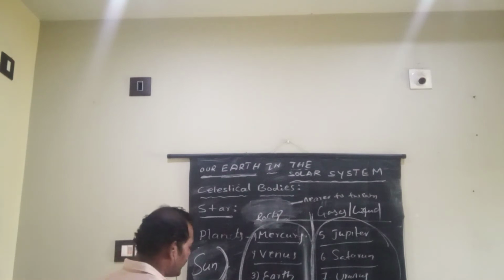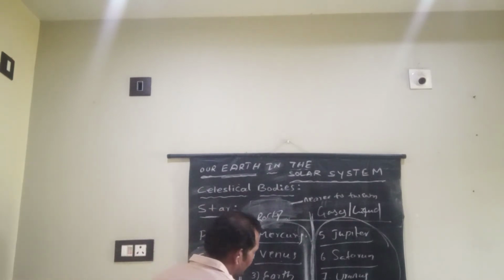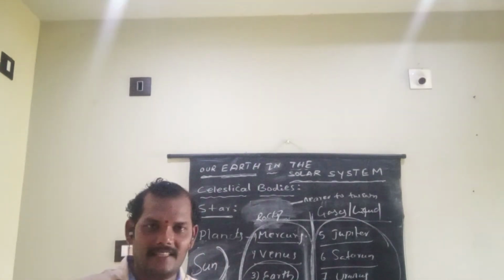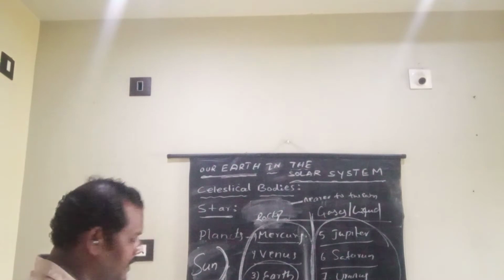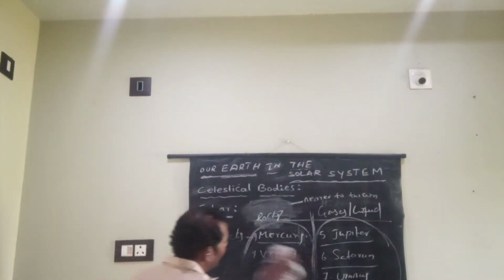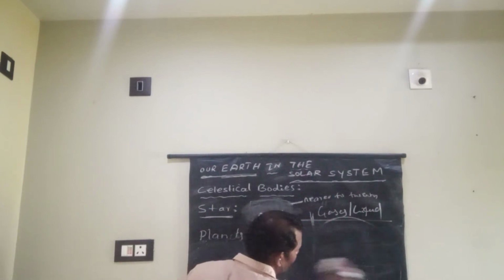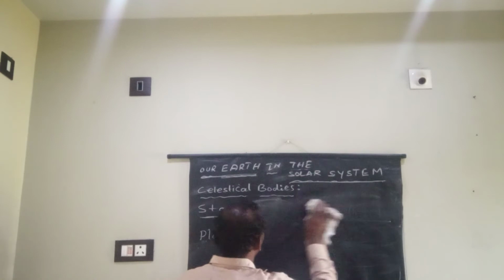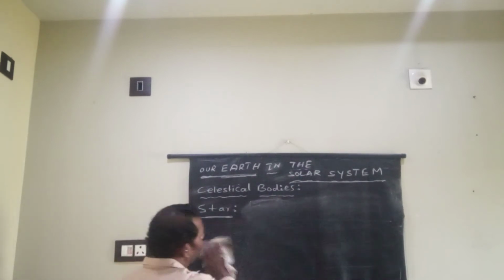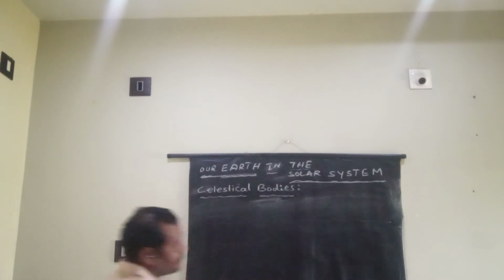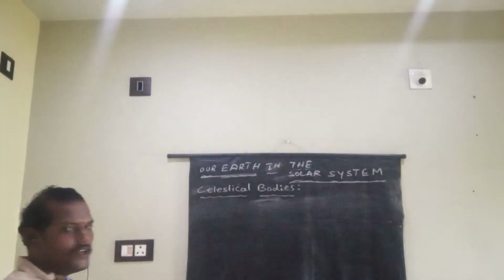And the important planet in these 8 planets, what is it? Earth. The Earth is a very important planet among the 8 planets, and also the unique planet out of the 8 planets.